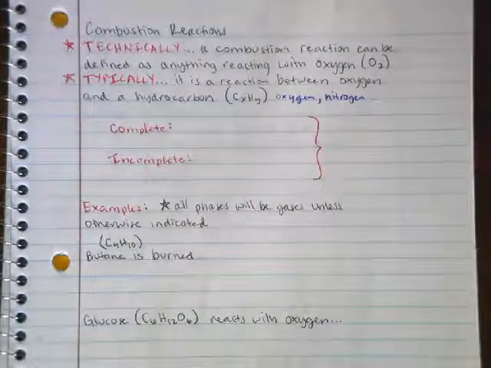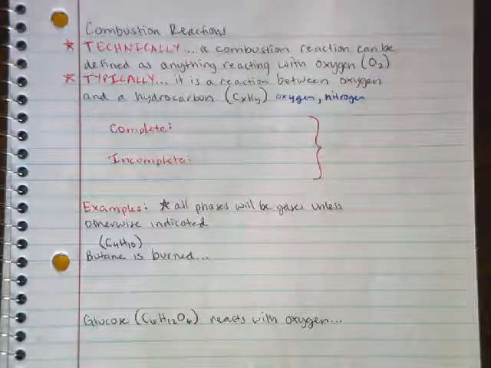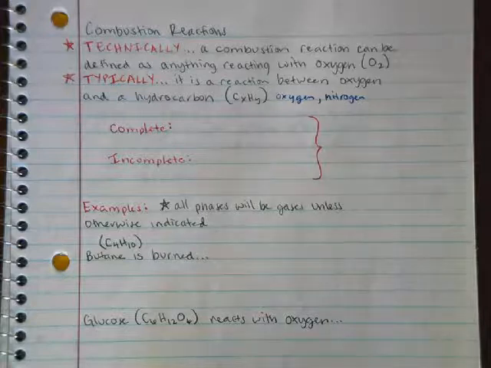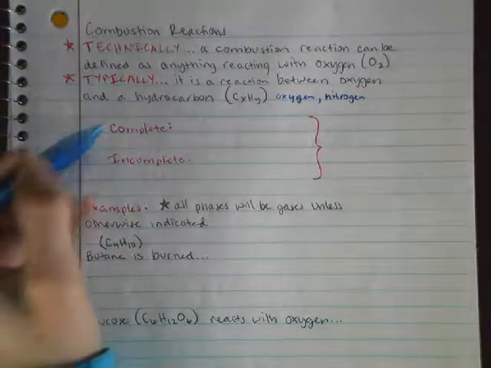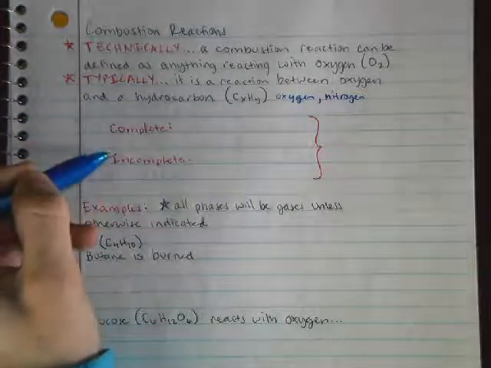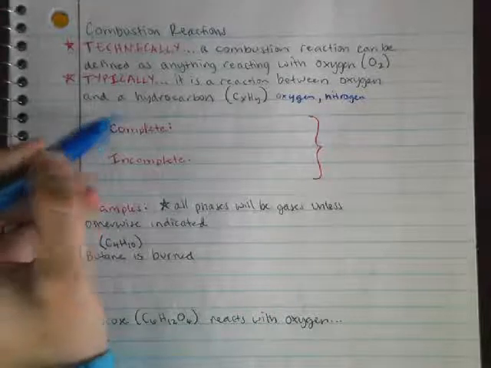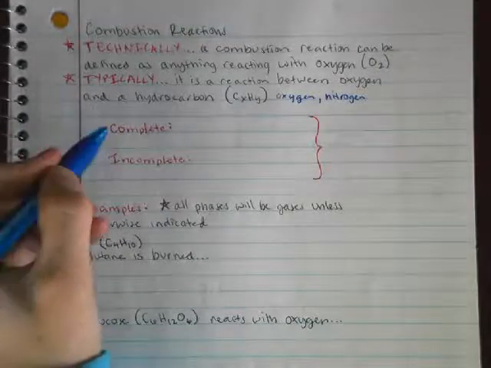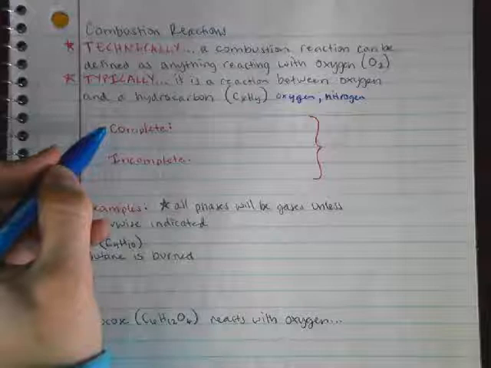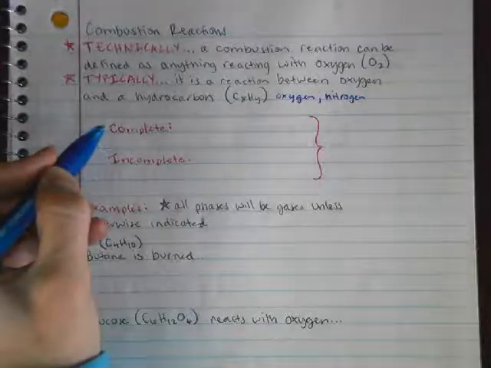We're starting with combustion reactions because the products are always the same. There's only one question that you have to answer, and that is: is it a form of complete combustion or incomplete combustion? If the combustion is complete, and typically we are going to assume that it is, that means it's the most efficient version.